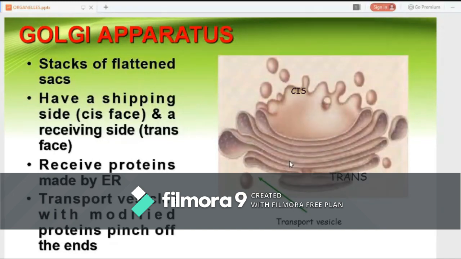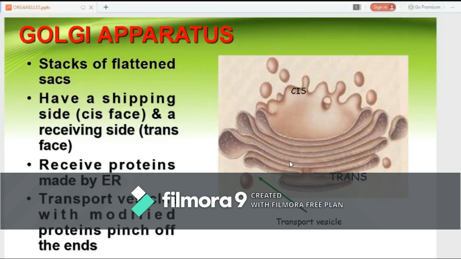But where do vesicles go? Before reaching their final destination, the lipids or proteins within the transport vesicles still need to be sorted, packaged, and tagged so that they wind up in the right place. The sorting, tagging, packaging, and distribution of lipids and proteins take place in the Golgi apparatus.